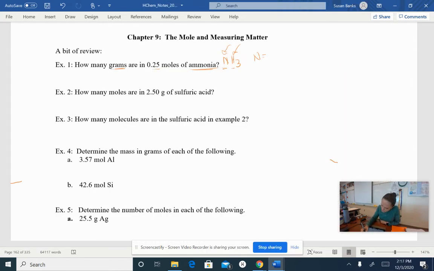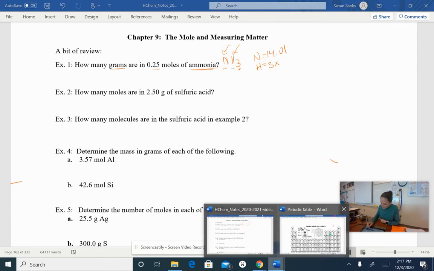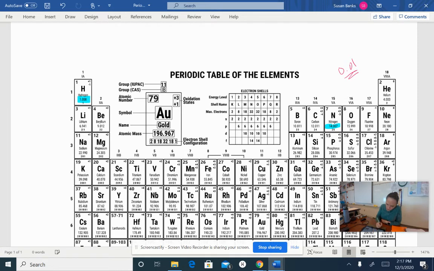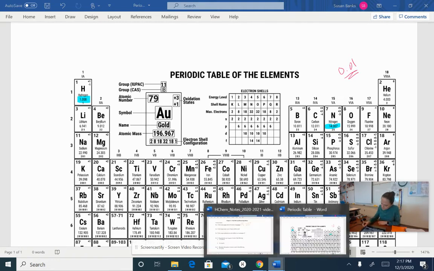So we're going to write this down, 14.01. And then for hydrogen, we need to multiply it by 3 because we got 3 of them. Let's look at hydrogen. We have 1.008, so that's going to round to 1.01.